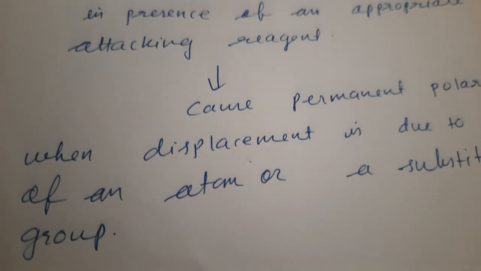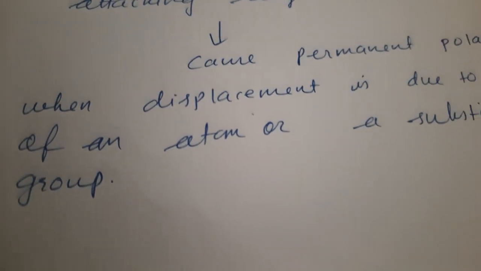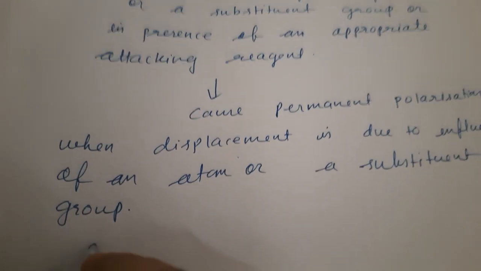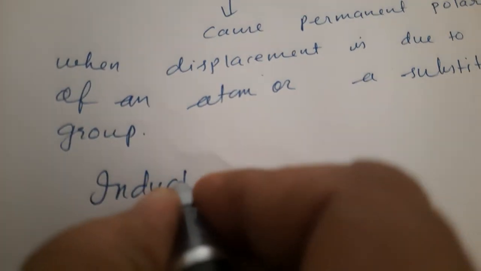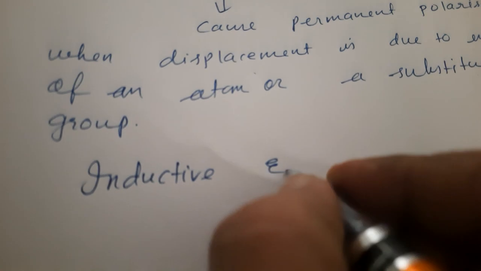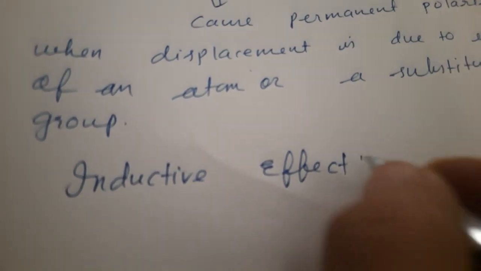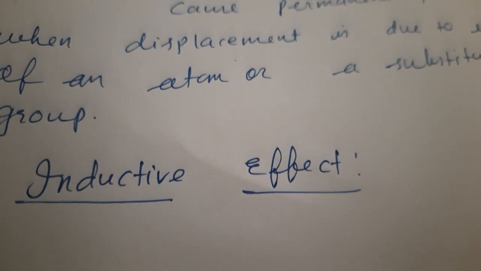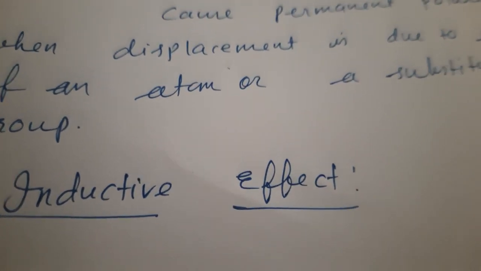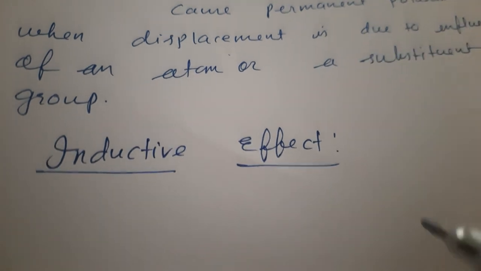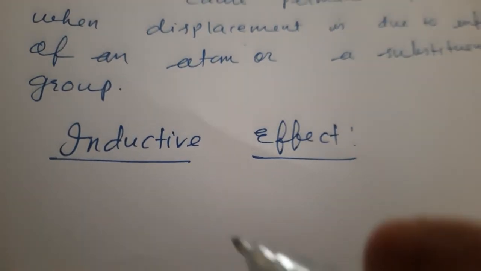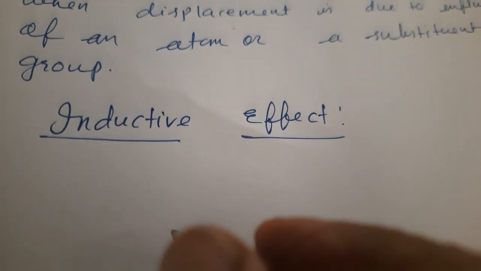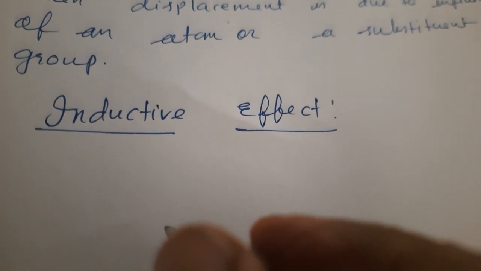The first one we will consider is the inductive effect. We try to understand the inductive effect when a covalent bond is formed between atoms of different electronegativity. The electron density is more towards the more electronegative atom of the bond.